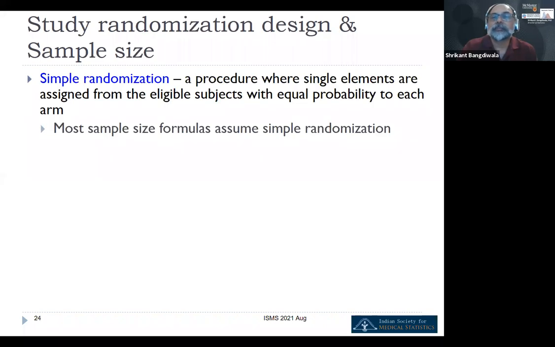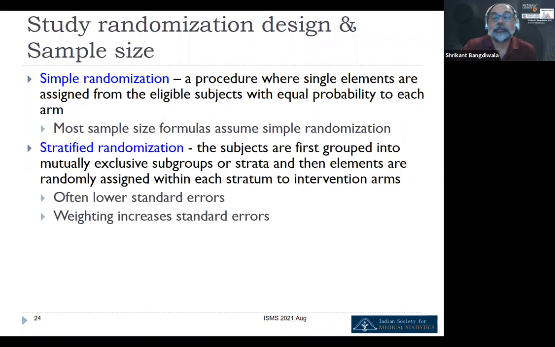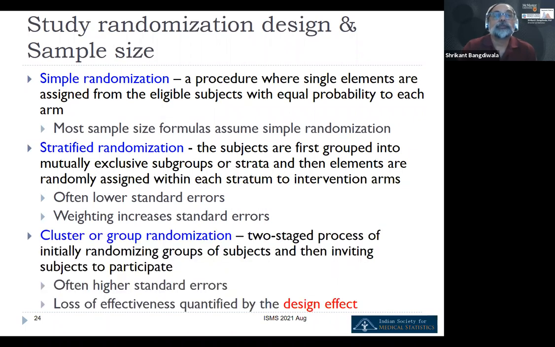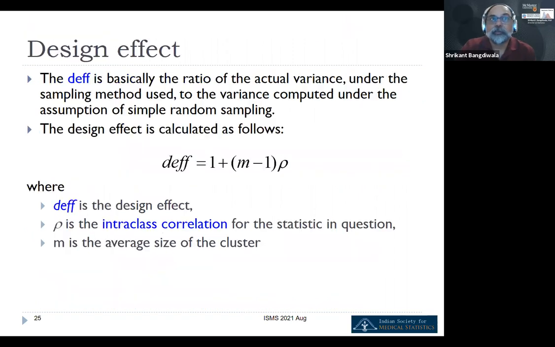If it's simple randomization, this is what we normally assume is guiding things. We may do stratified randomization, which often gives us lower standard errors. But if we do weighting, then we do increasing standard errors. And if we do cluster or group randomization, this is a two-stage process of selecting participants. You do have a loss of effectiveness, and we quantify it by the design effect. What is a design effect?